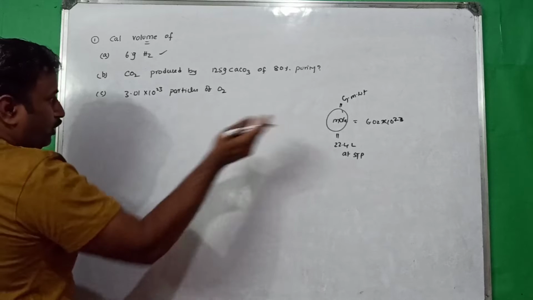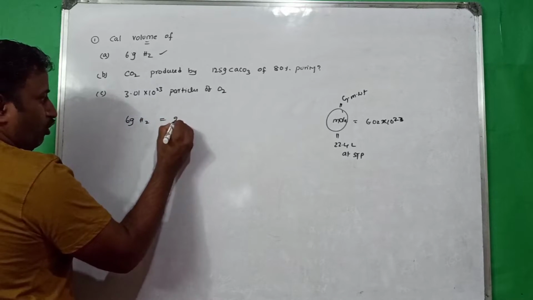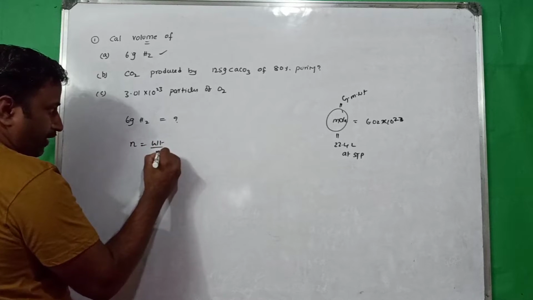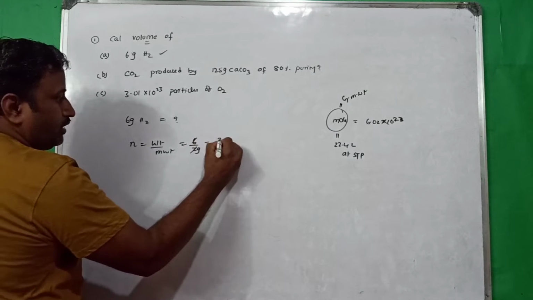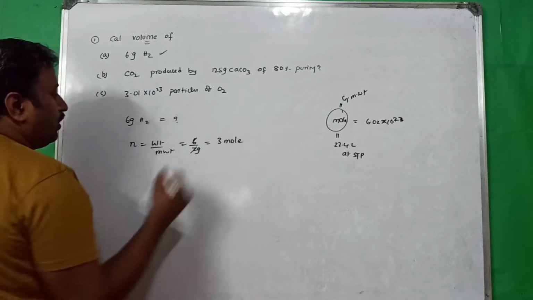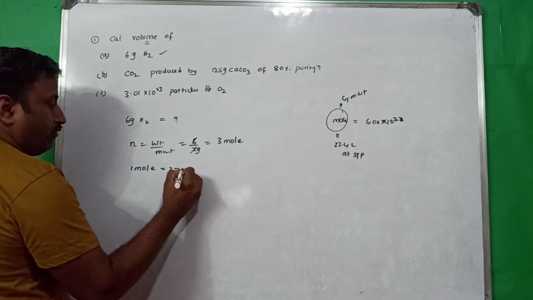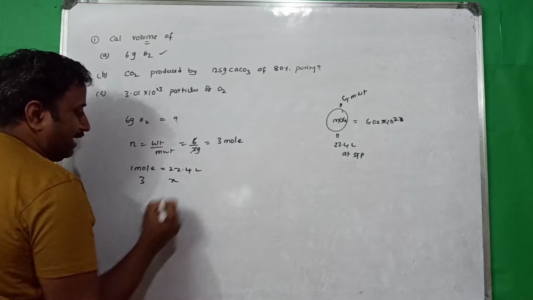First we have to convert it into moles. 6 grams of H2 is equal to how many moles? n is equal to given weight by molecular weight, that is 6 upon 2, that is 3 moles. And we know 1 mole is equal to 22.4 liters, so 3 moles is x liters.